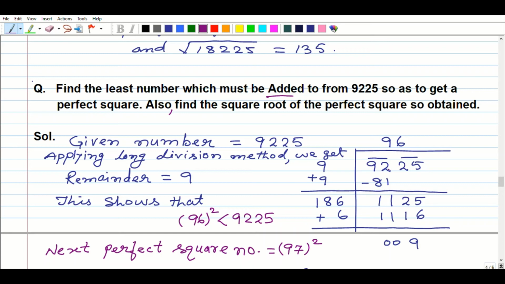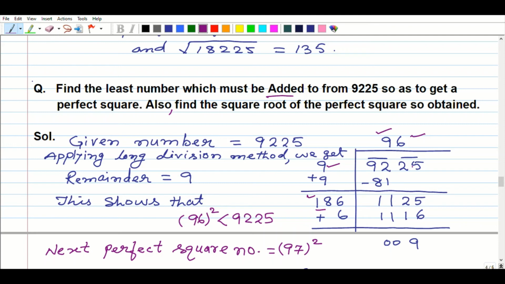In the divisor and quotient, 9 9 is 81, so we write in the quotient 9. So 9 9 81 we write here and subtract it. 81 from 92, we get 11, right? And in the divisor, 9 plus 9 we get 18, right?